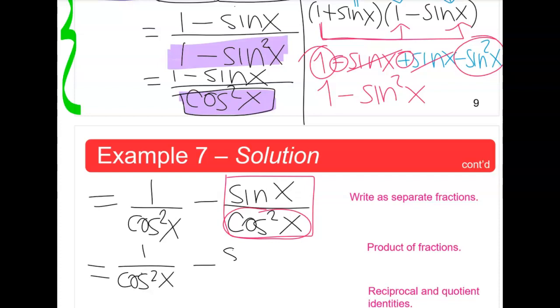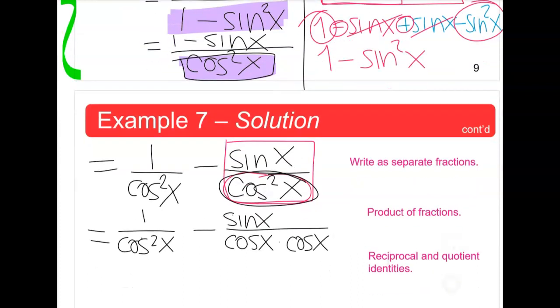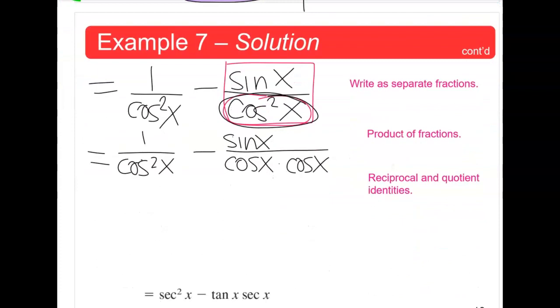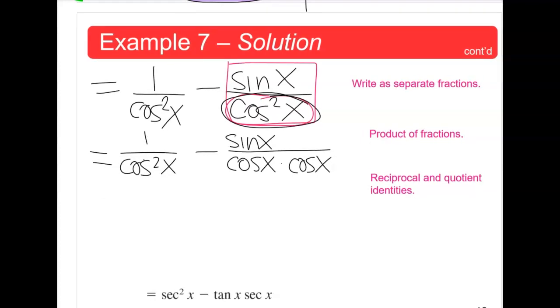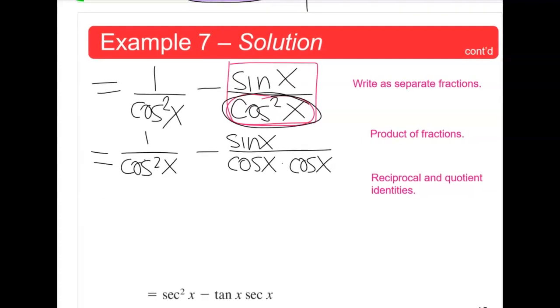The next one will be sine x over cosine x times cosine x. That is the same as cosine square x. So why do I do that? Well, because I want to be able to cancel something, or not to cancel, but to be able to use identities. So I'm going to rewrite it again so it makes more sense visually.